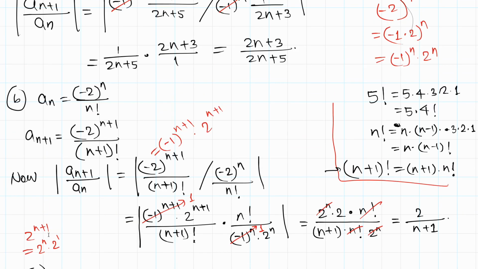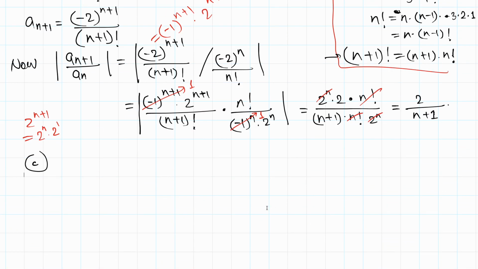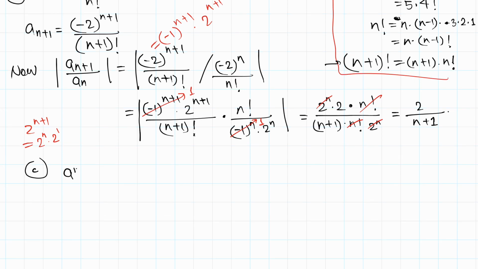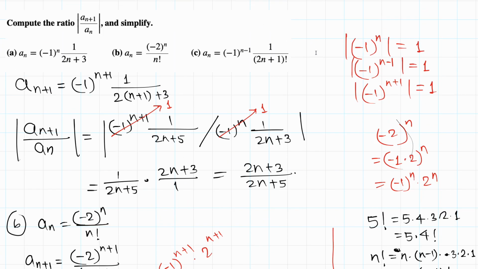Okay, so let's do part C. That is here negative 1 raised to n plus 1, 1 over 2n plus 1 factorial. Let me go up, and we can do it over here, because now we know this, so it can go very, very fast.